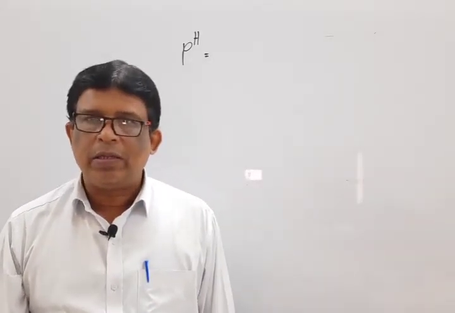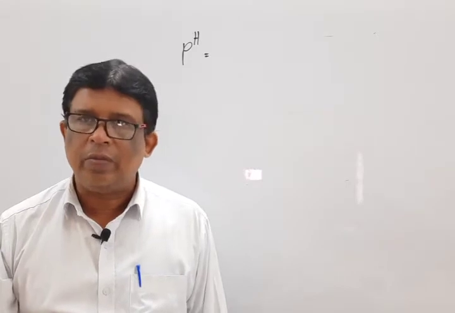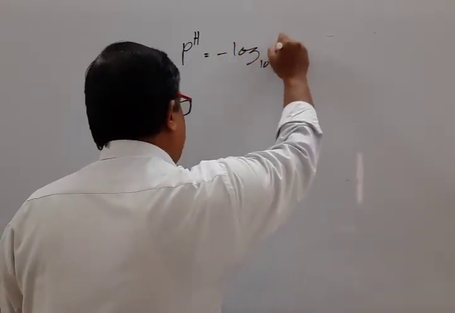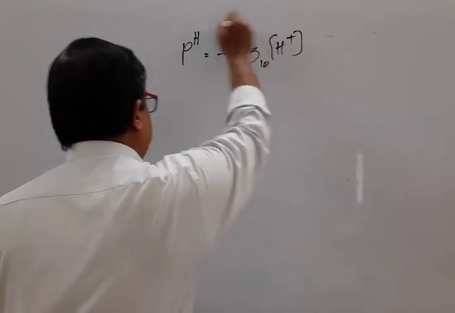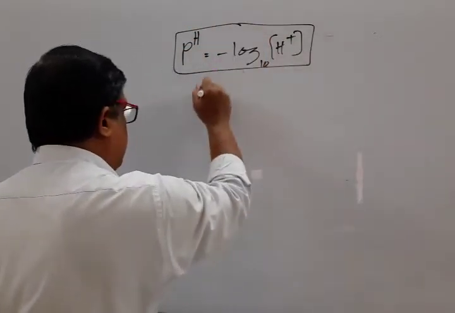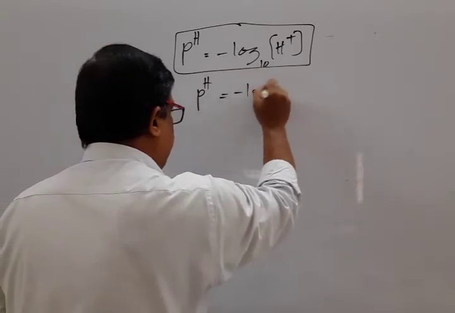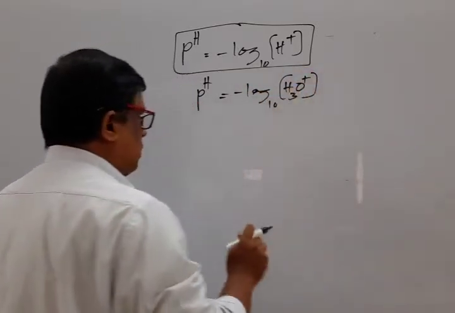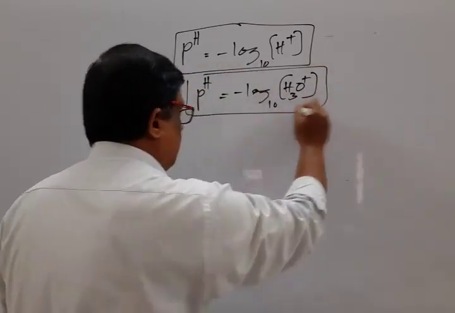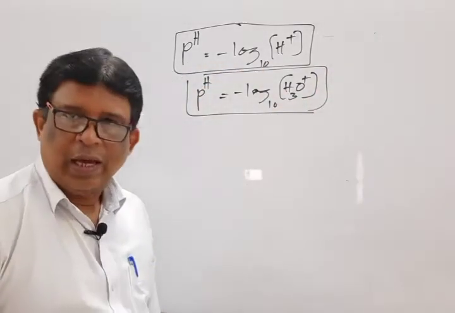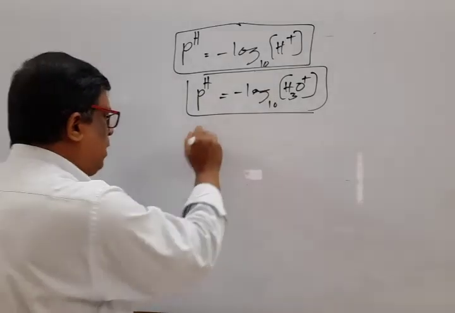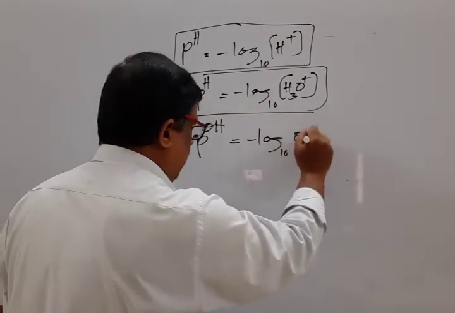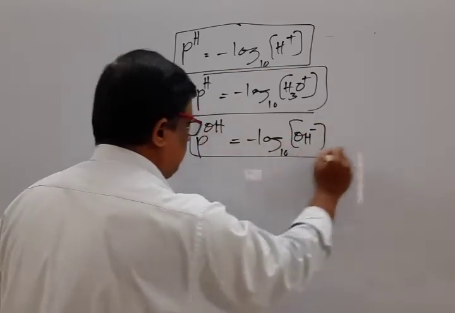What do we mean by pH? Already covered in class 9 or 10 perhaps. pH is nothing but the negative logarithm of H plus ion concentration, or also one can write pH is equal to negative logarithm of H3O plus ion concentration. Similarly, one can write pOH is equal to negative logarithm of OH minus ion concentration.